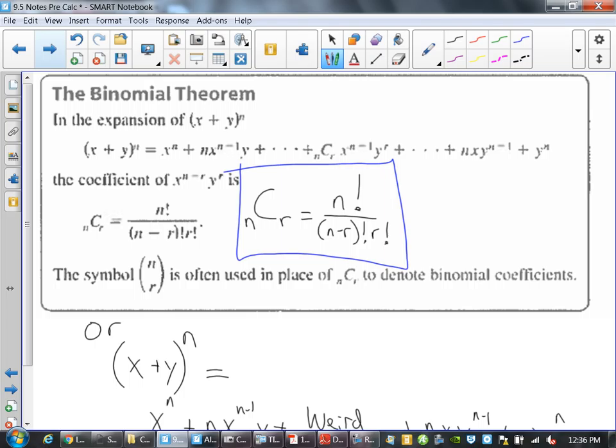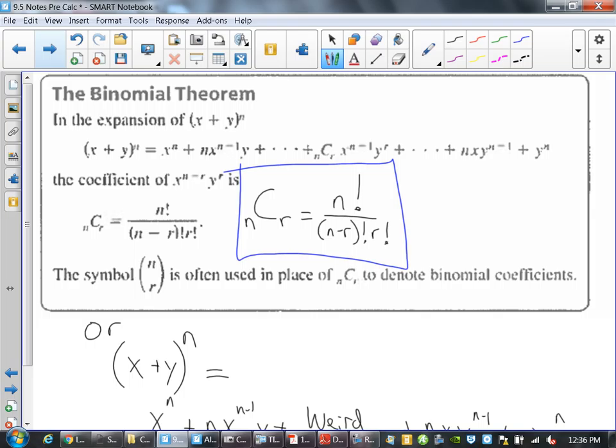What happens in the middle of the binomial theorem is that your first term always has a coefficient of 1. Your last term always has a coefficient of 1. Always. Now your next term is always going to be whatever your exponent was.